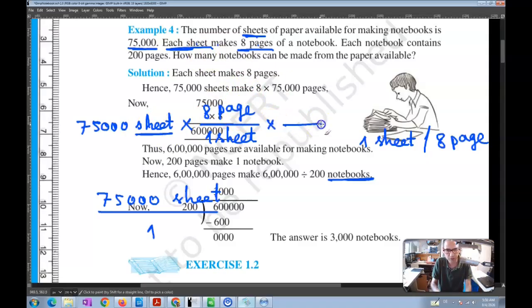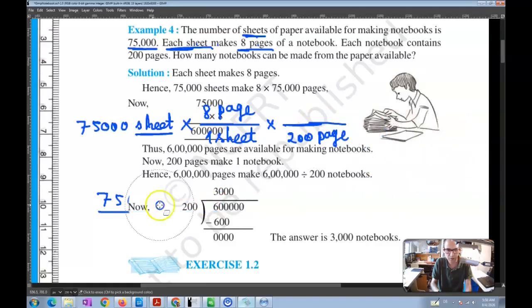So I will multiply this by 200 pages, and I write the 200 pages in the denominator, so that it cancels out with the page over here in the numerator. And then 200 pages means one notebook, right? So this way you don't have to do first a multiplication and then a division. Everything simply comes together.